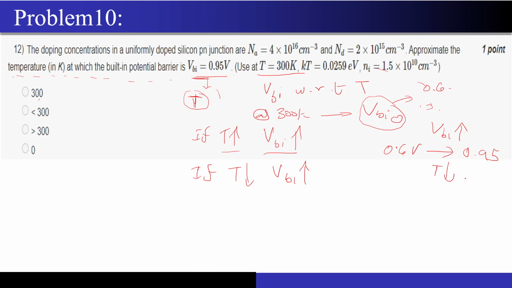So that means this VBI value will be at a temperature less than 300 Kelvin. And for the first case, it was greater than 300 Kelvin. So we have to intuitively guess first, using some mathematical equations, how the VBI will vary with temperature. So now let's use some mathematical equations, and in the next step I will also do some intuition.